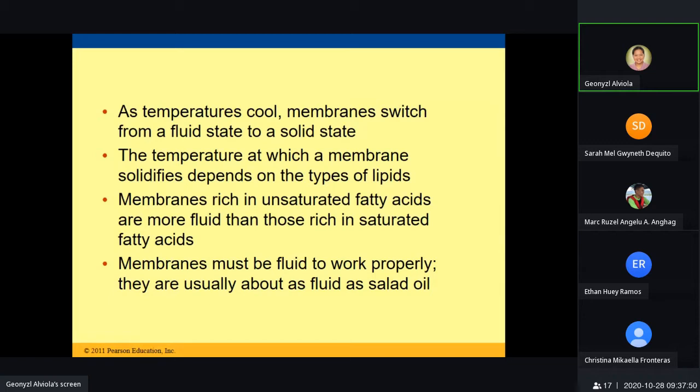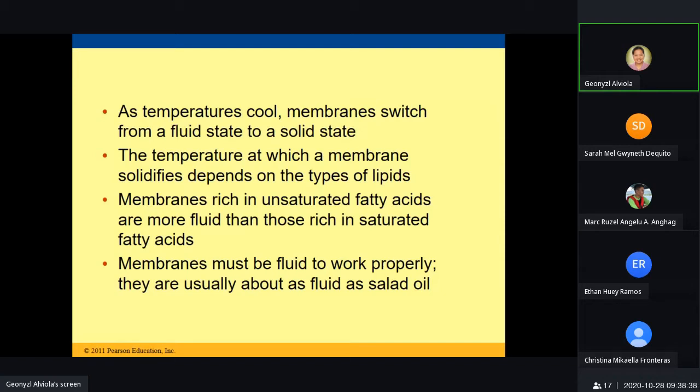So that is the reason these lipids keep our cell from solidifying when the temperature drops to a certain lower level. But there is a limitation. If the temperature is really too negative, that's the time we become frozen. Like at negative 16, we are frozen already. But at 0, 1, 2, 3, not yet. At 12, we are not yet frozen.